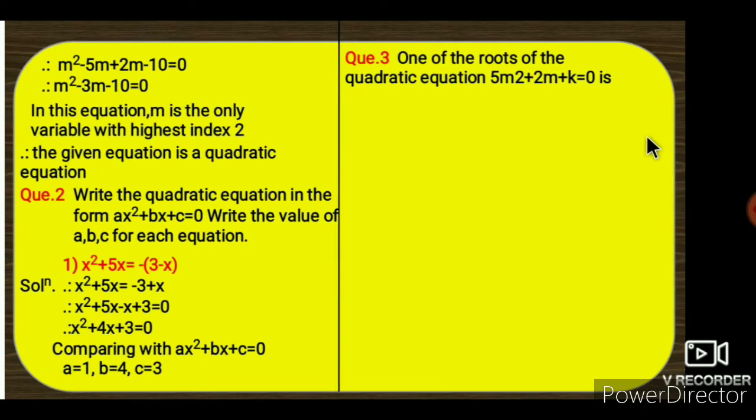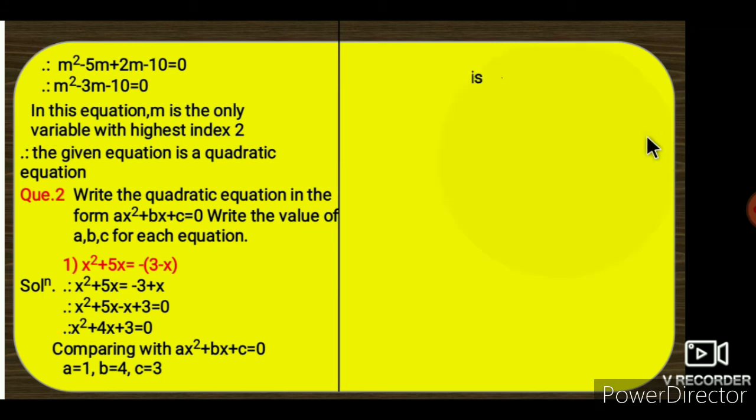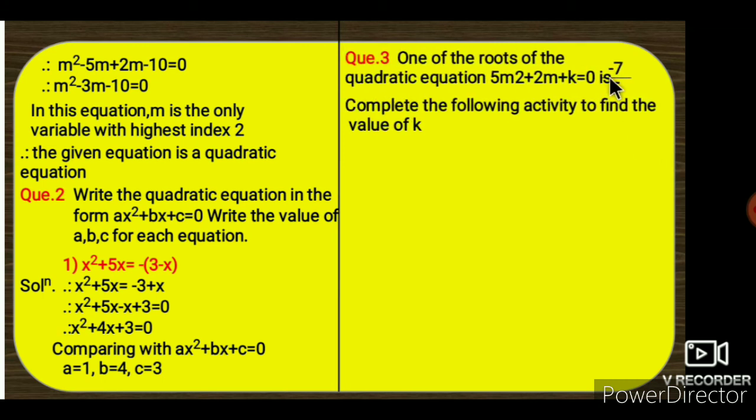Next question. One of the roots of the quadratic equation 5m² + 2m + k = 0 is −7/5. Then complete the following activity to find the value of k. Students, this type of activity-based question is also asked in the board exam for 3 marks.